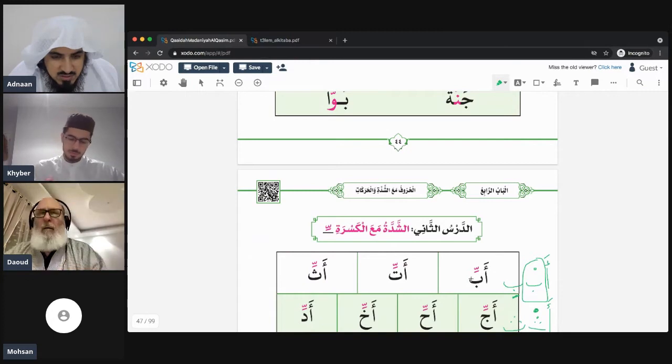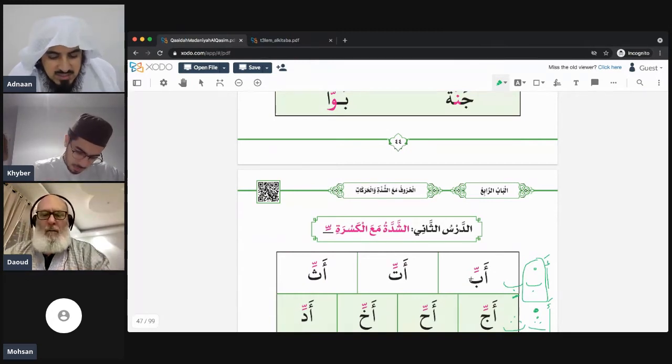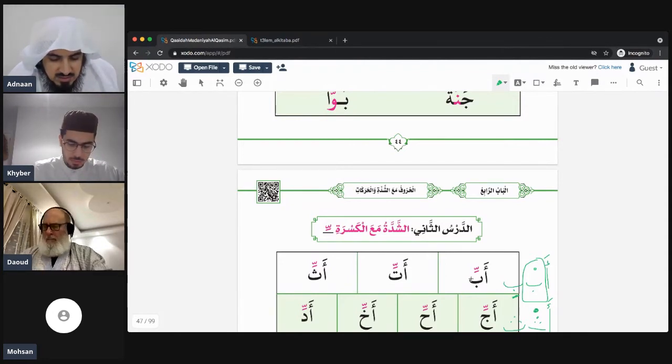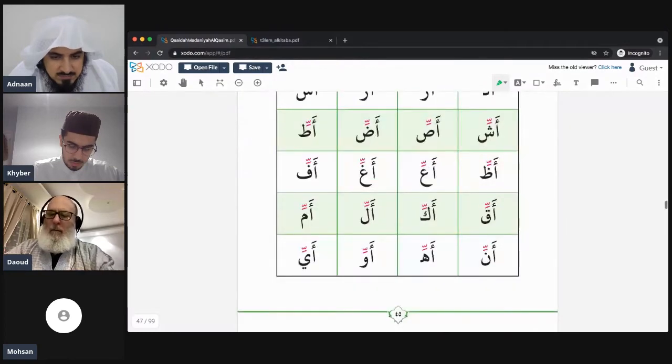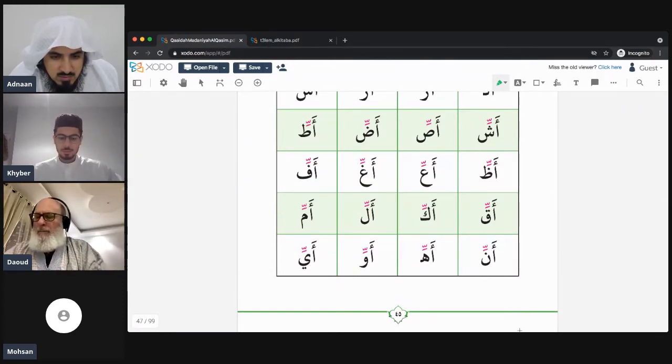So inshallah, tomorrow's revision, first 5 minutes: first module, you identify the letters. If you need to read looking inside, no problem. And then with haraka, and with tanween, in bin tin thin, and with shadda here, abbi atti, etc. All the other modules, you'll just be doing the kasra part of it.